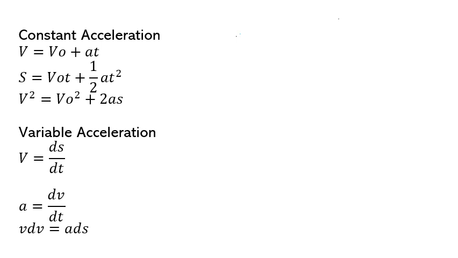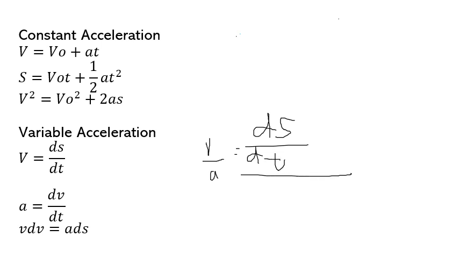We can simplify v over a equals ds over dt all over dv over dt.